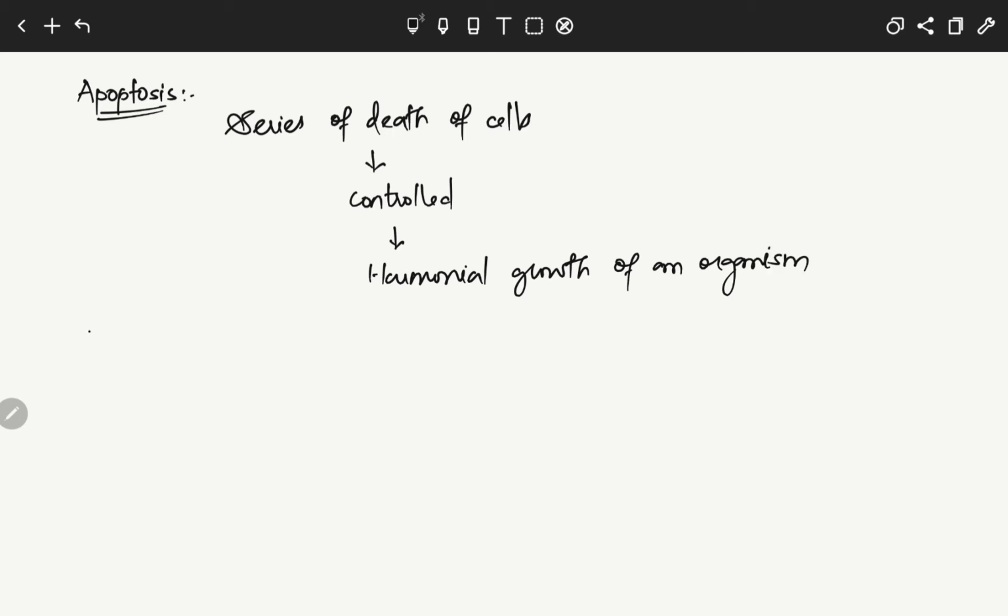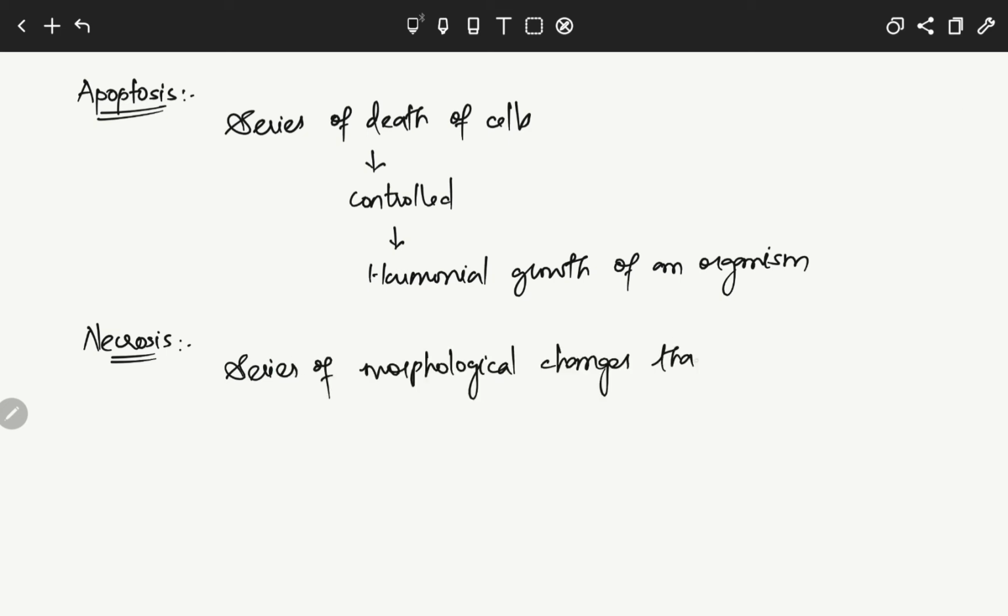So now what is meant by necrosis? Necrosis is nothing but the series of morphological changes that takes place in a lethally injured cell.